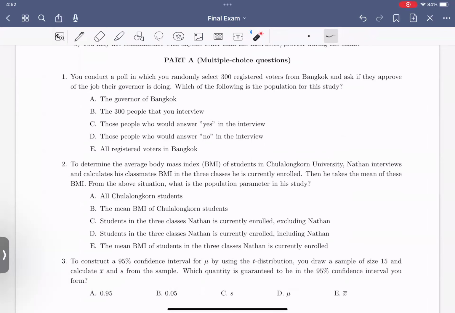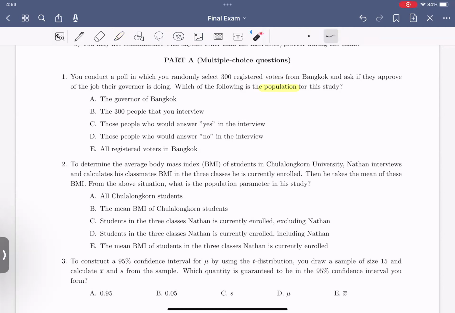So question one: you conduct a poll in which you randomly select 300 registered voters from Bangkok and ask if they approve of the job their governor is doing. Which of the following is the population in this study? The keyword is the population here. The population is actually the entire unit of the study here.